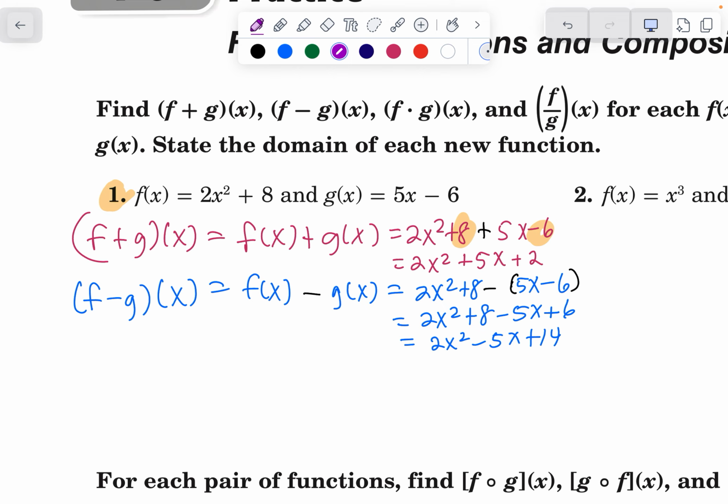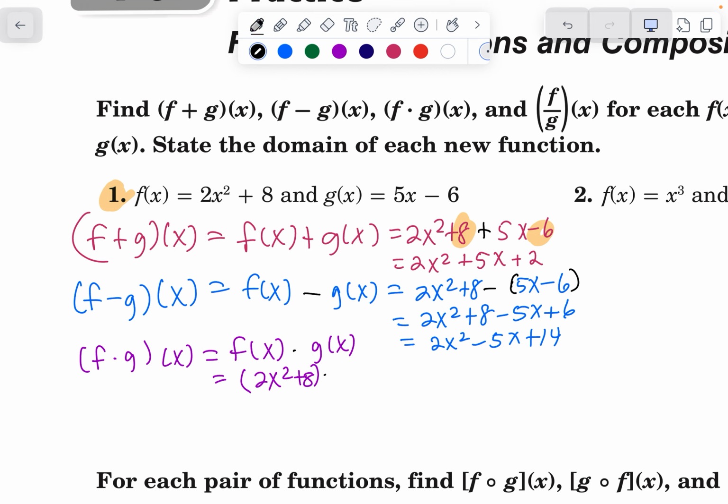Let's talk about their multiplication, f times g of x. That's just f of x times g of x. My suggestion there is to start out and put both things in parentheses. So we would put 2x squared plus 8 in parentheses.